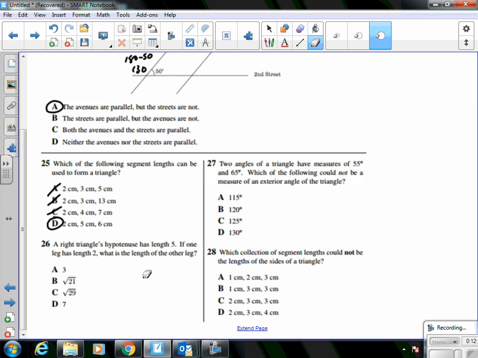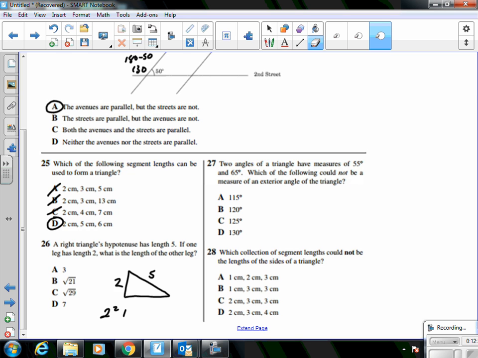26. A right triangle's hypotenuse has a length of 5. If one leg has a length of 2, what's the length of the other leg? So we got a hypotenuse of 5, a leg of 2, and we're trying to find the third leg. So once again, into Pythagorean.